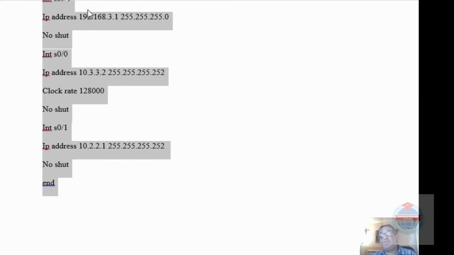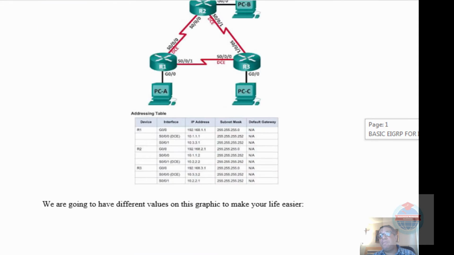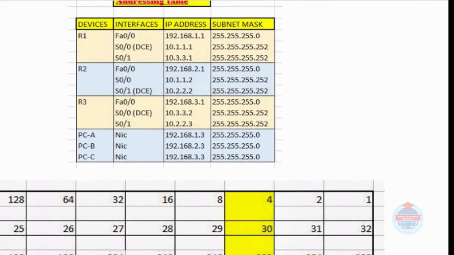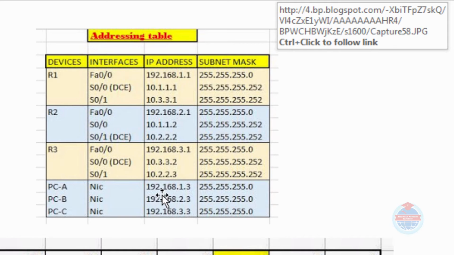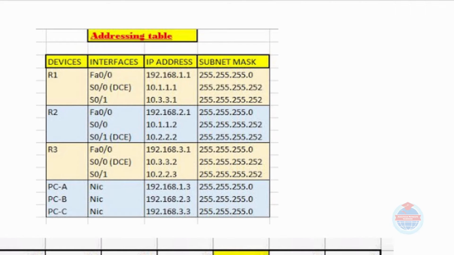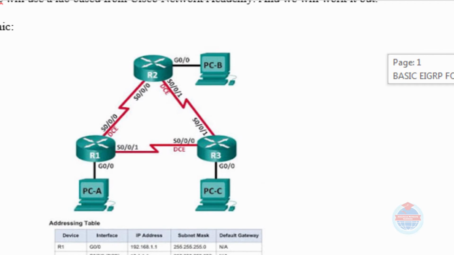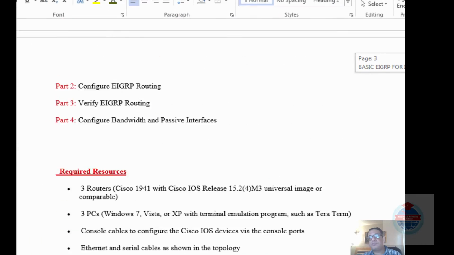Eventually, I want you to check the values that we put over here in each one. Everything is over here on the addressing table that I showed you guys. Double check them very well and look how everything is going to be configured on the graphic that we put over here.